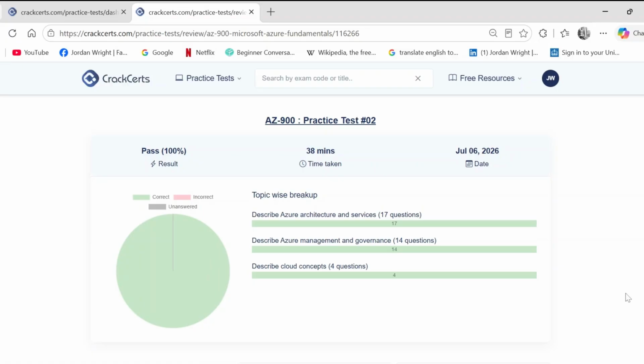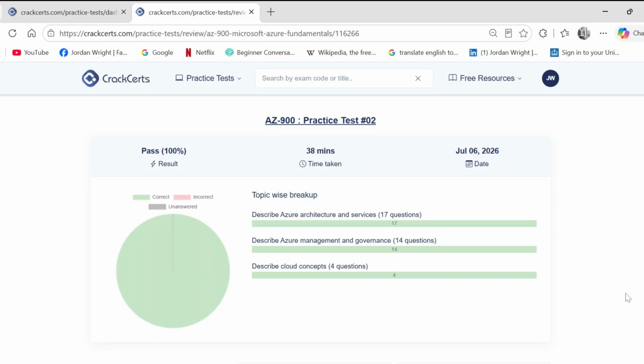I thought that it's 7 or 8 quid per test. No, it's not per test. You have access to all of those tests for like £7. Forever.